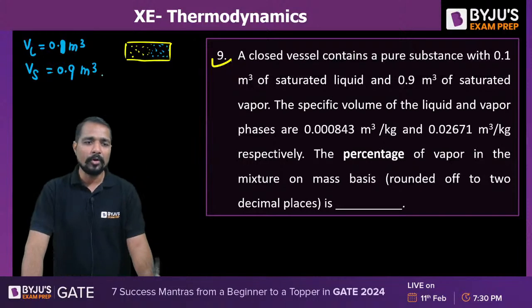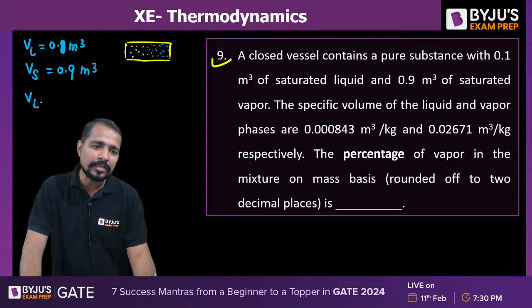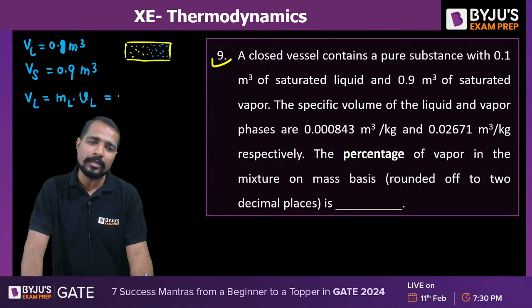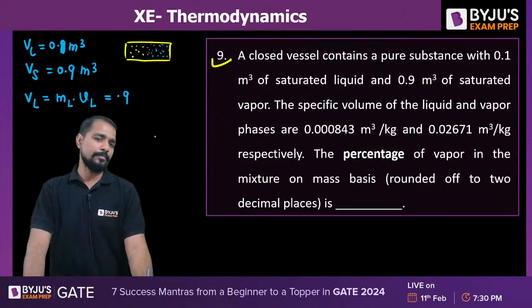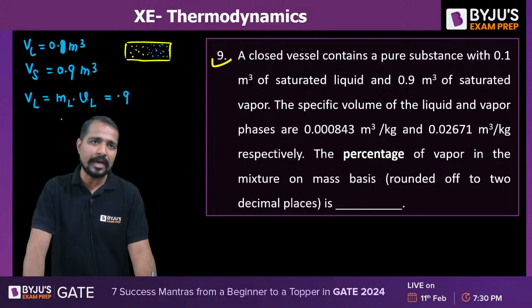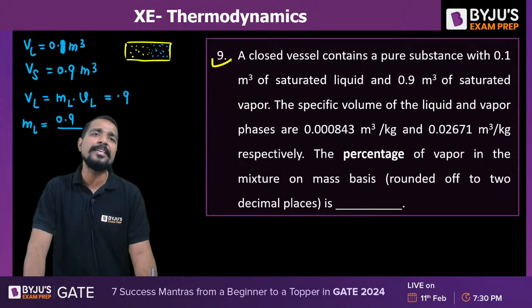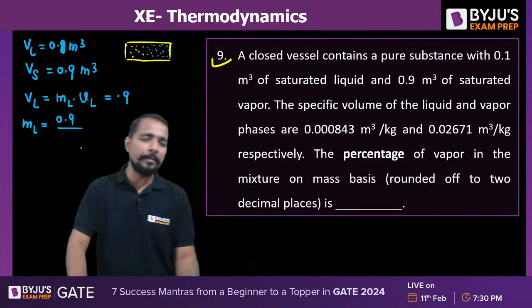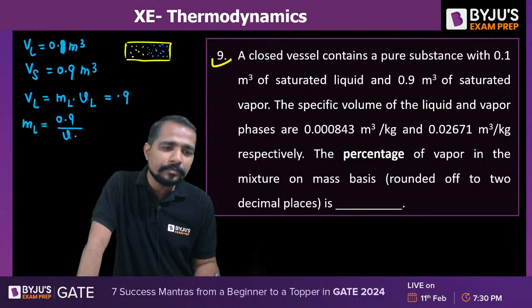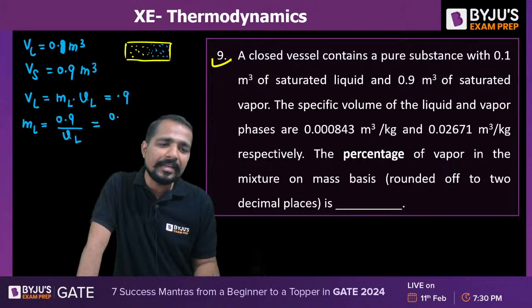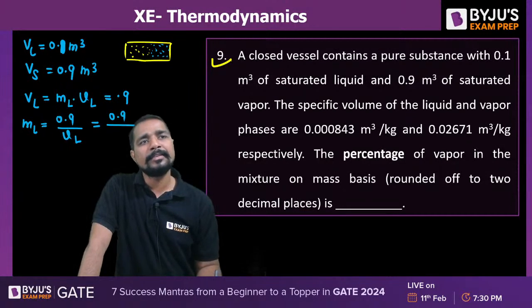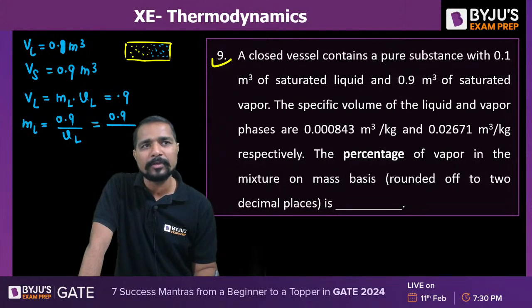Sir, we know very well that total volume of the liquid will be equal to mass of the liquid into specific volume of the liquid, that is 0.9. I just want to know what is the mass of the liquid. It will be equal to 0.9 divided by specific volume of the liquid.